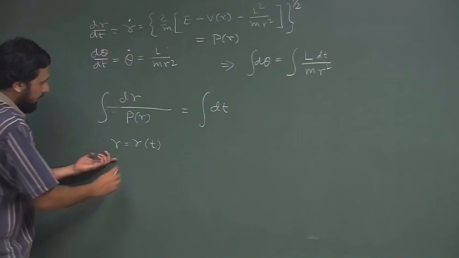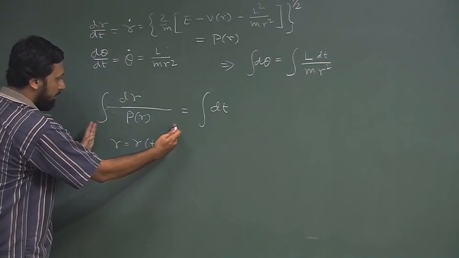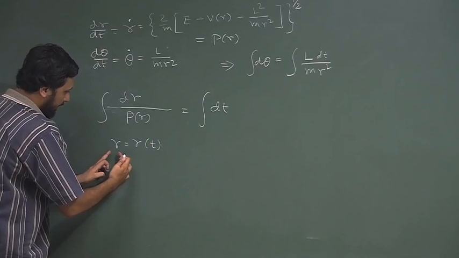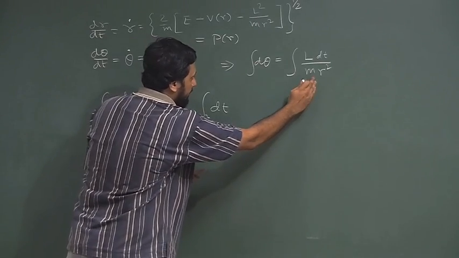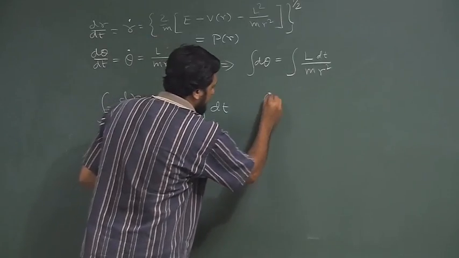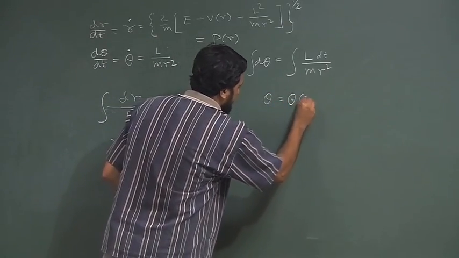So, once we could integrate this part, we can take r as a function of time, and then we can substitute it back in this equation, and then we can get theta as a function of time.